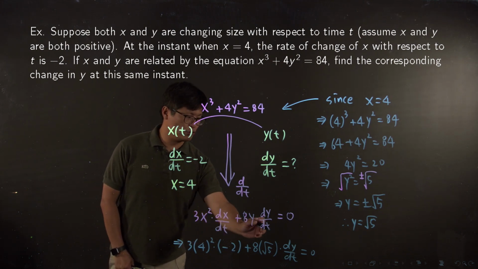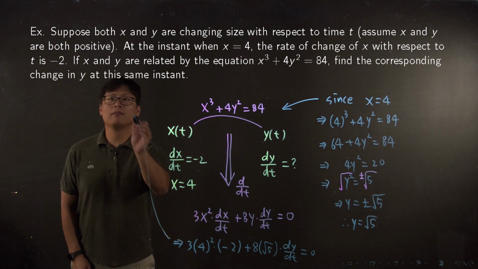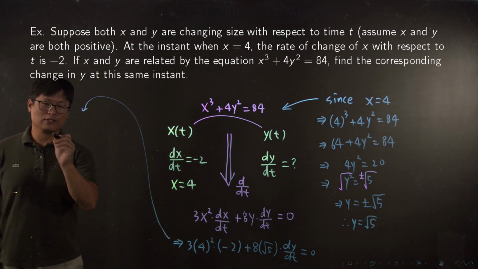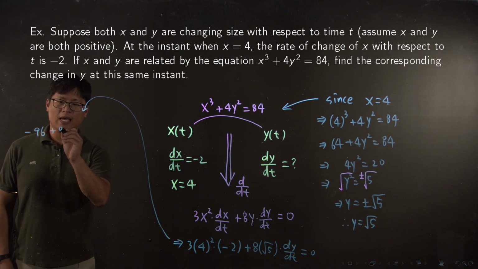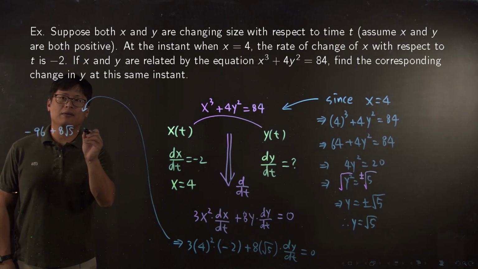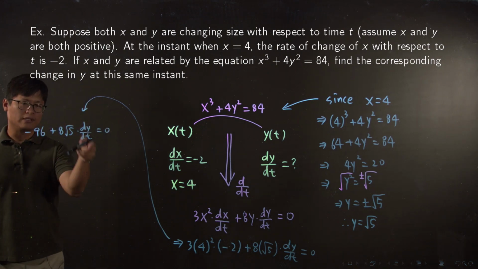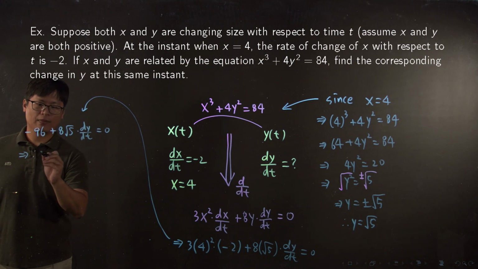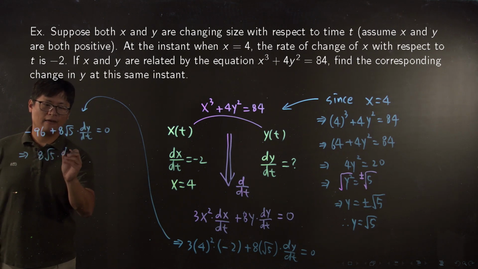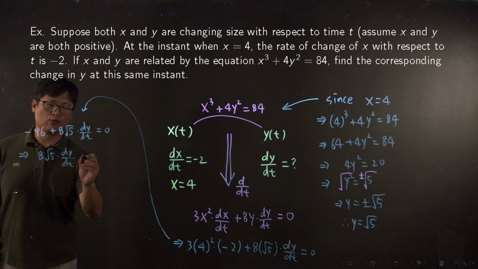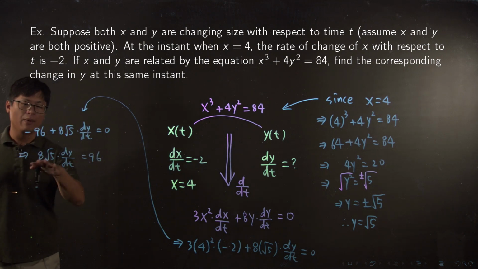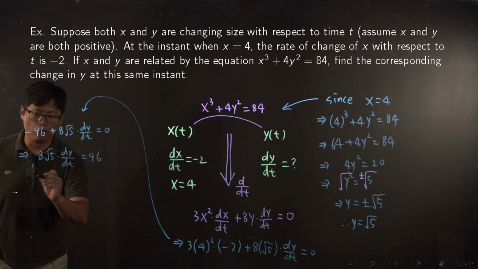Since we don't have enough space, let me move up here. Okay, sorry about that. So it's -96 and then plus 8 square root of 5 times dy dt is equal to 0, okay? Plus 96 on both sides. 8 square root of 5 dy dt is equal to 96. And divide by 8 square root of 5 on both sides.